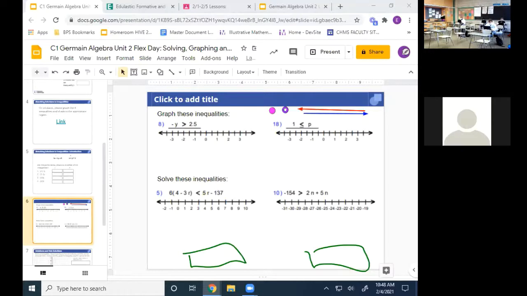We're going to put an open dot because it is not "or equal to." Very good. I'm actually just going to draw my dots on here. Where are you drawing a dot here? I have a question for you.